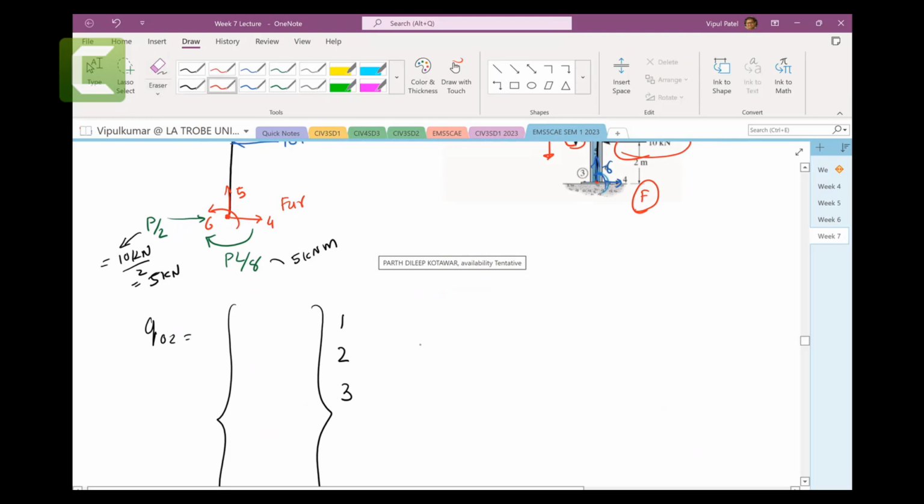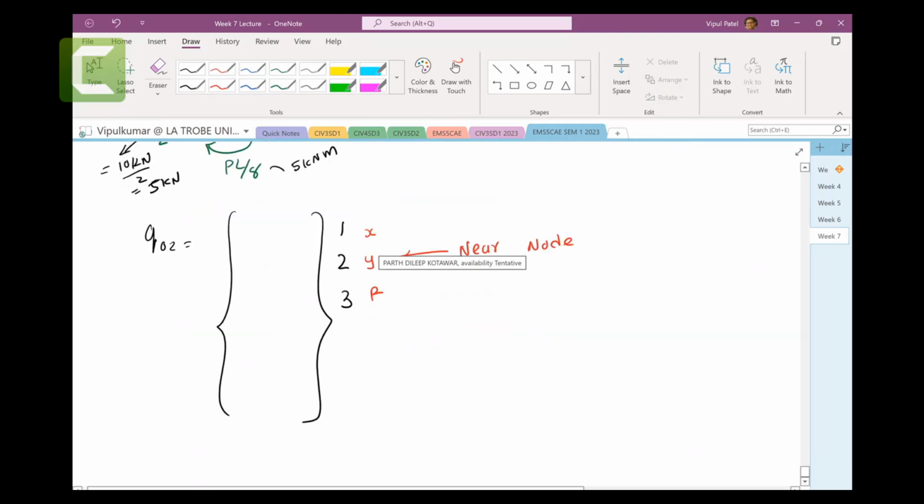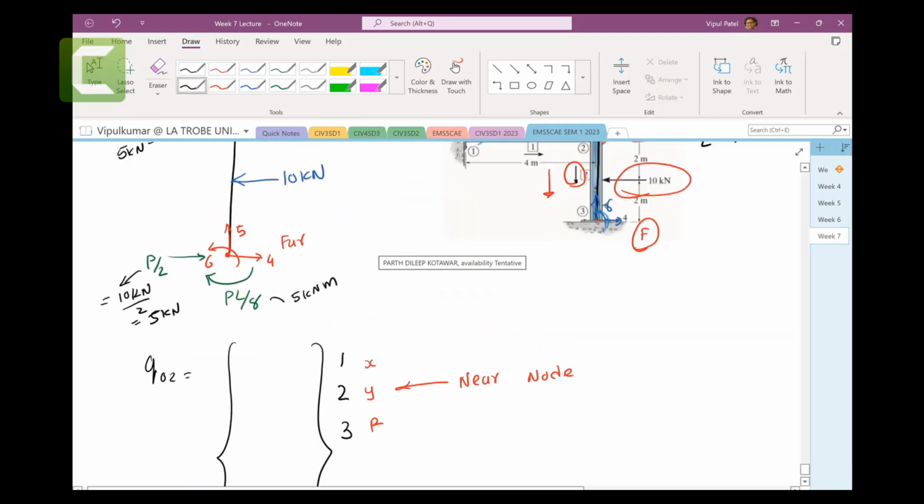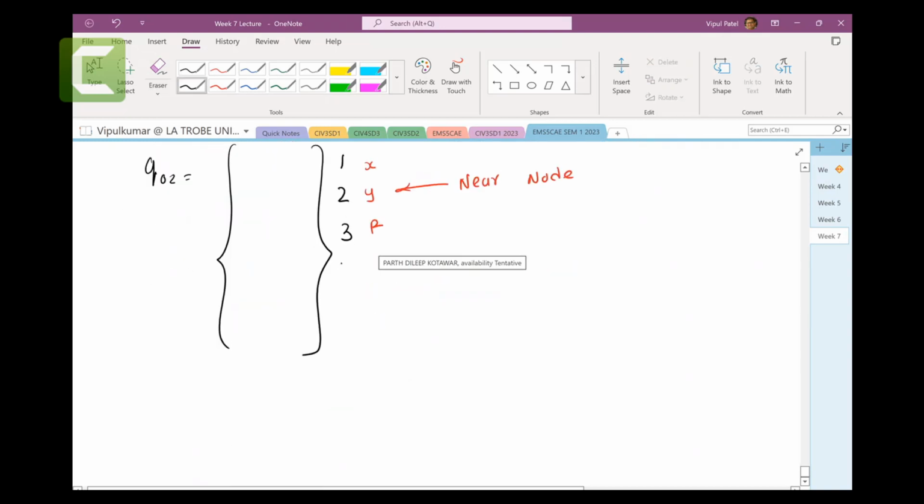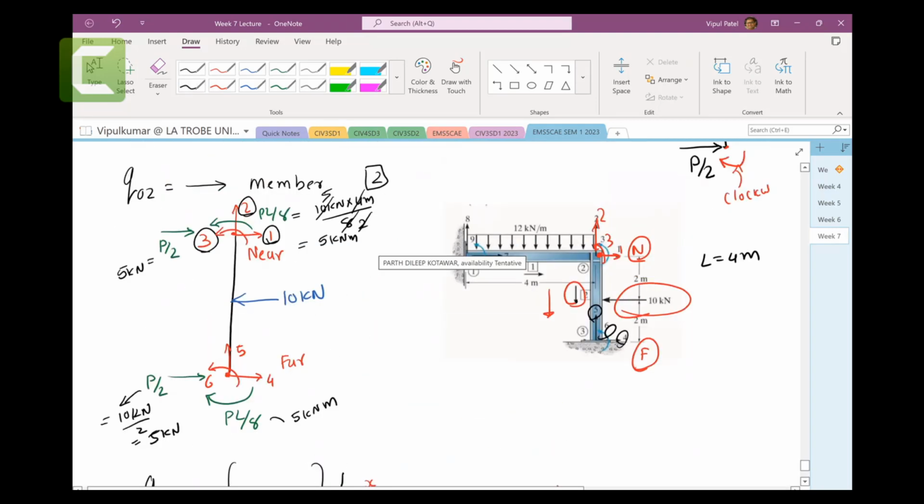That is your near node, x, y, and rotations. Similarly, we can get the far node. This head is telling me far node, and this far node has 4, 5, and 6. Again 4 is x, 5 is y, and 6 is rotation. Same like we did for the Q01. Now go back to our figures.